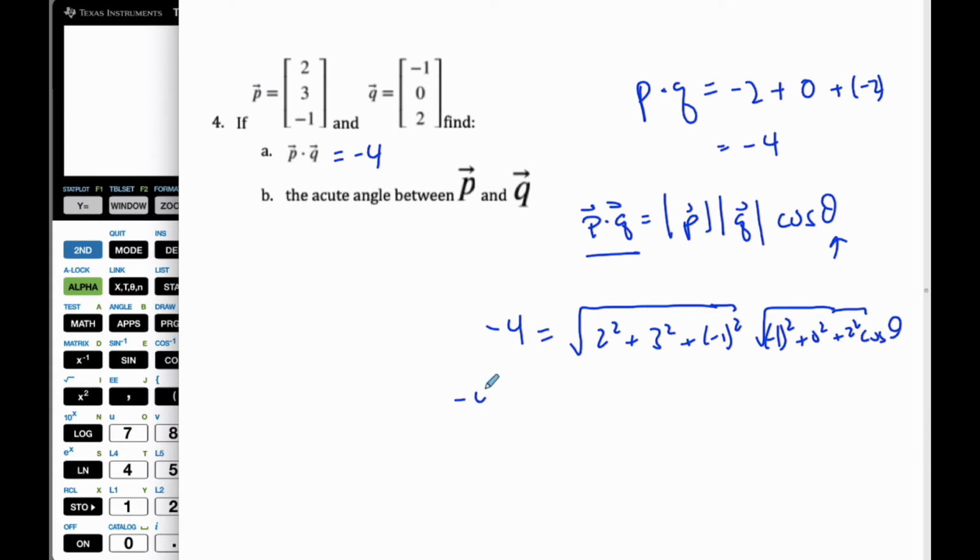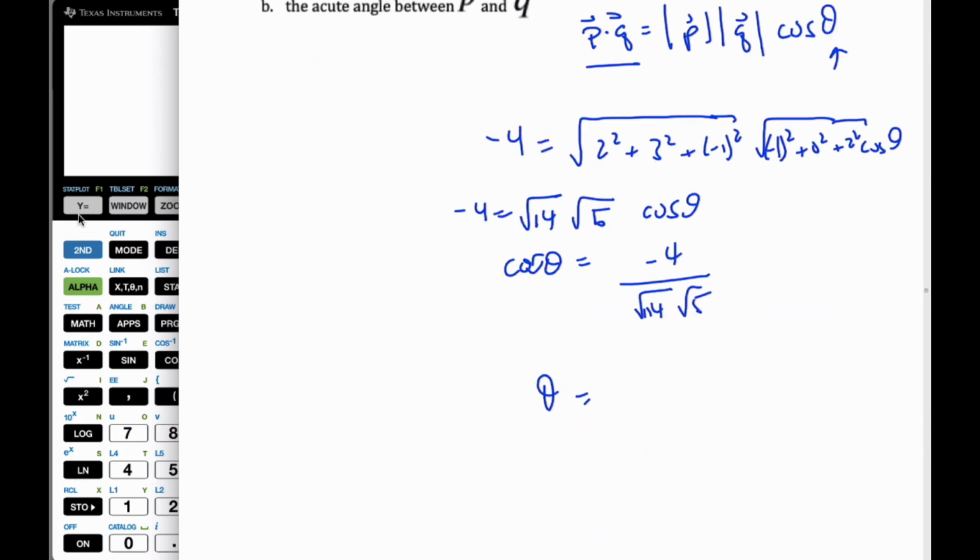And so negative 4 is equal to, well, this is 4 plus 9 plus 1, the square root of 14. This is 1 plus 0 plus 4, the square root of 5, cosine theta. So cosine of theta is negative 4 over square root 14, square root 5.